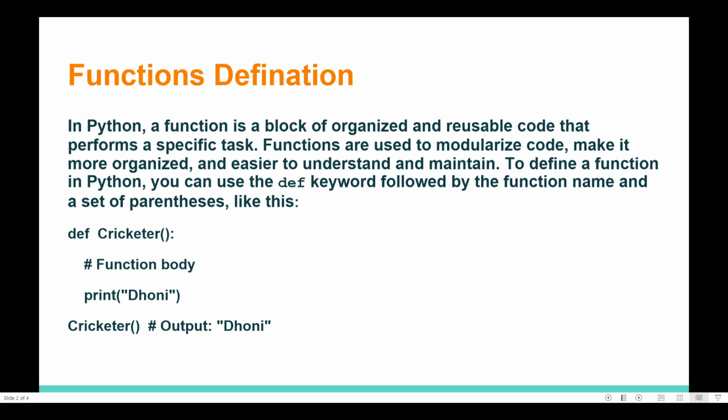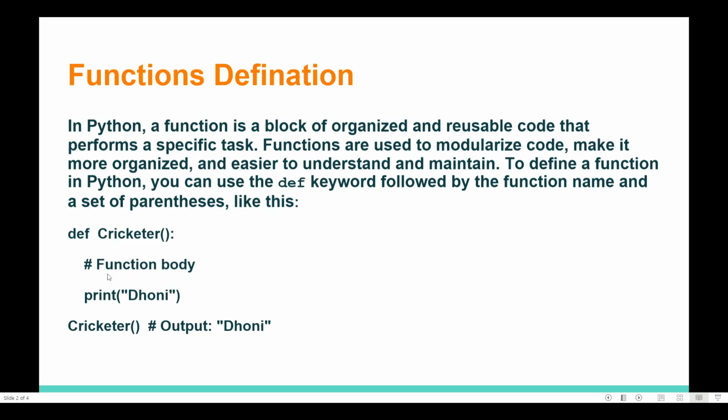To define a function in Python, you can use a def keyword followed by the function name and a set of parentheses like this. So here we have used this def keyword, and def means you are defining a particular function. Here I have written cricketer and used the brackets and colon.